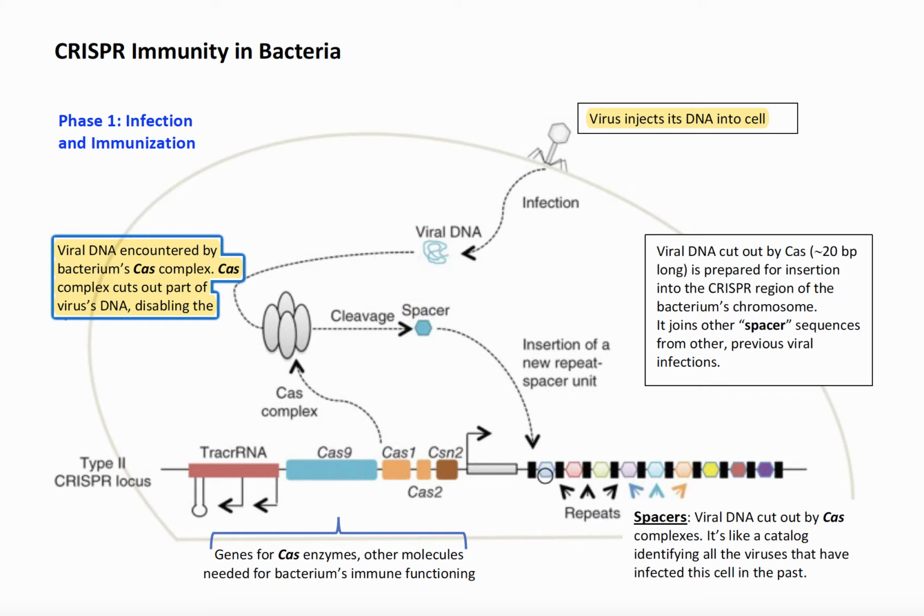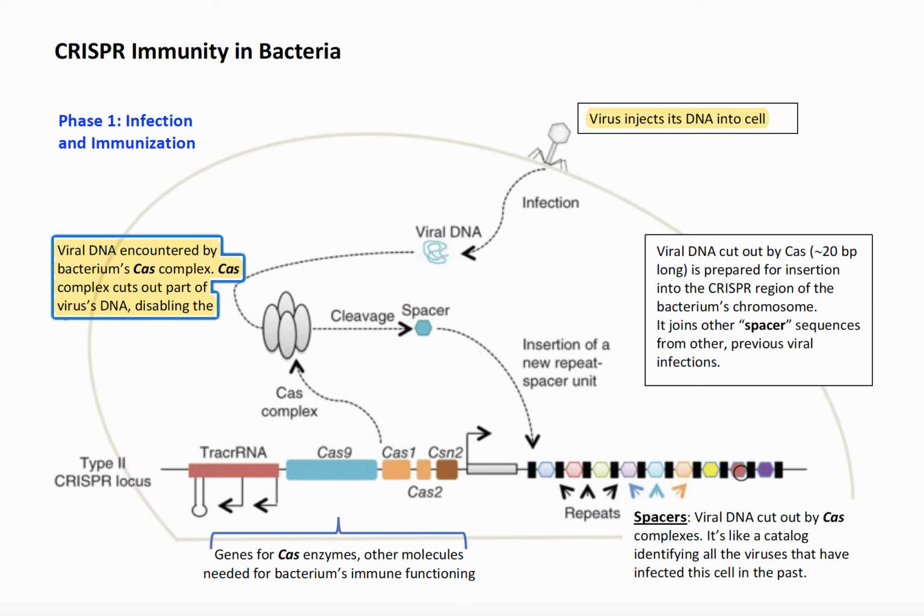And so it will add this new sequence and then a new repeat sequence on the other side of it. And as new viruses infect the cell, it will continue to add new spacer sequences and new repeat sequences to this CRISPR region. It can just grow throughout the life of the bacterium.